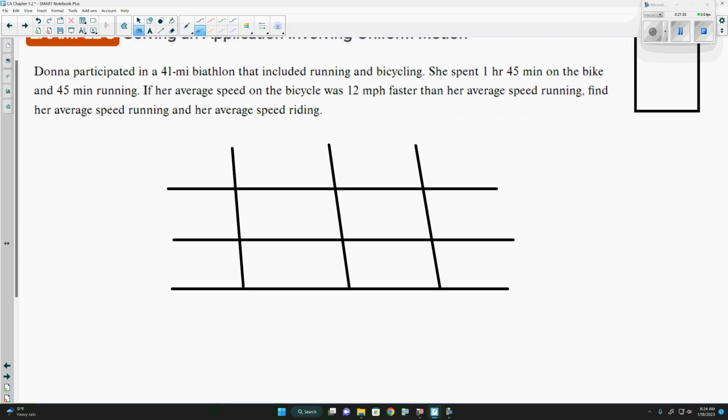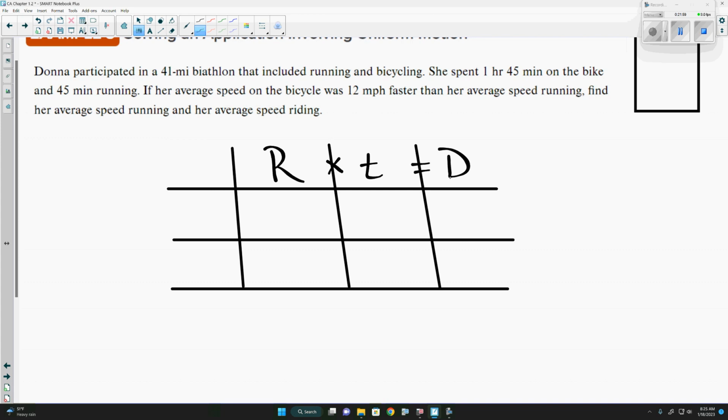Now this one here, unlike the last ones, we actually do have a formula for it. Because our formula when we talk about speed and distance and time is rate times time is equal to the distance traveled. If we know how fast we're going and the amount of time that we are traveling, we can find the overall distance.